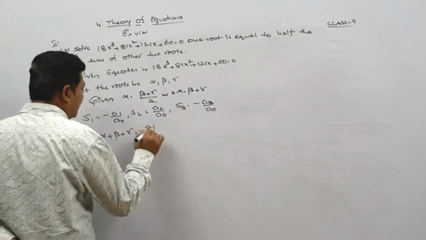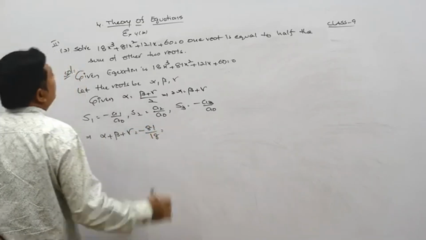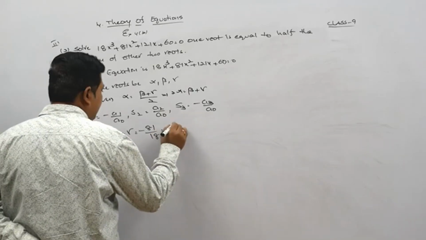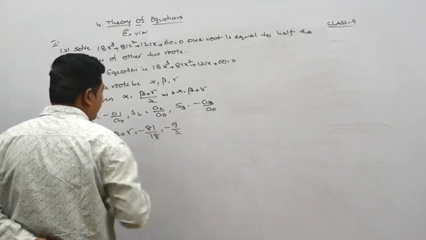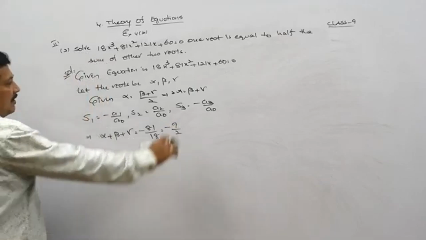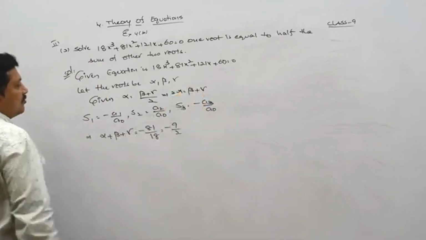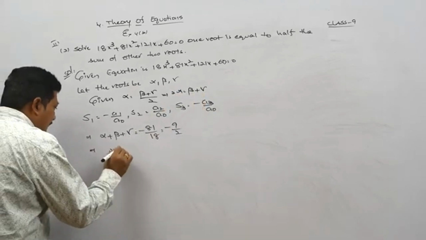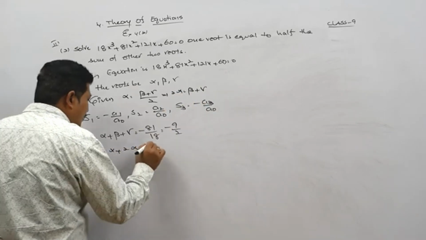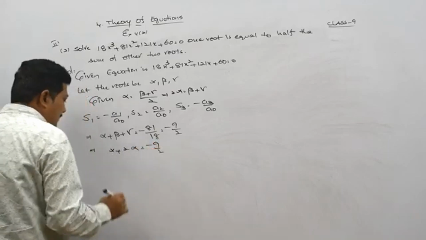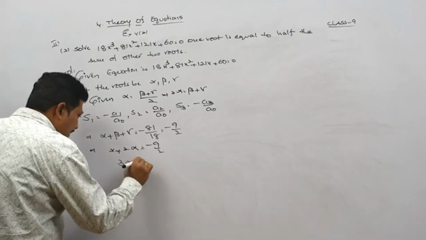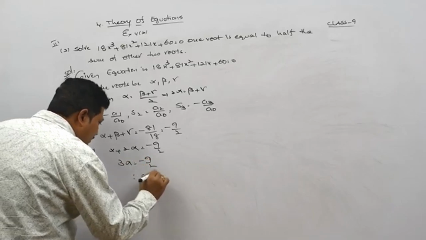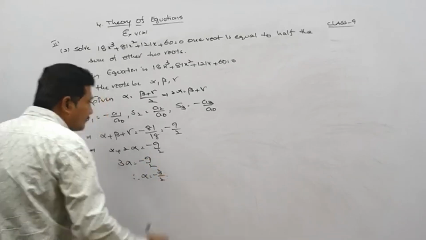So minus 81 by 18, cancelling with 9, is minus 9 by 2. Now beta plus gamma is equal to 2 alpha. We use that condition here: alpha plus 2 alpha is equal to minus 9 by 2. 3 alpha is equal to minus 9 by 2. Therefore alpha is equal to minus 3 by 2.